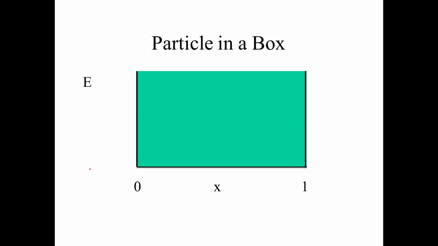Well, that's partial derivatives, which is a lot of work, which hopefully you've already done in your physical chemistry class. And so let's just look at the simplest system, which is the situation when you have a particle in a box.